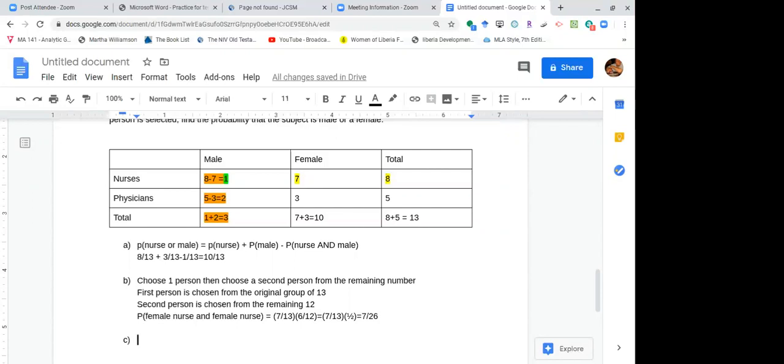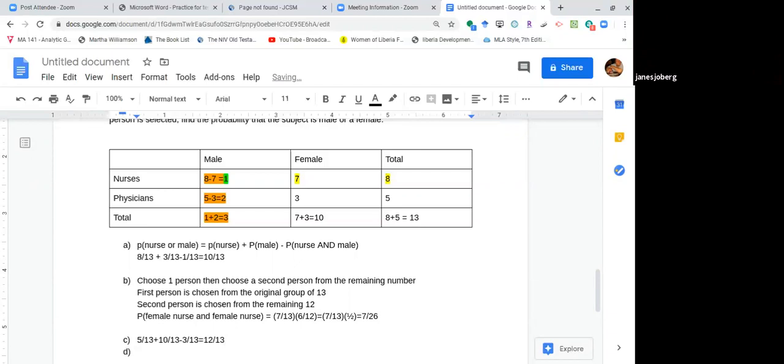So this is 5 out of 13 because it's physicians. Then it's female, which is 10 out of 13, minus 3 out of 13. So you get 12 out of 13.